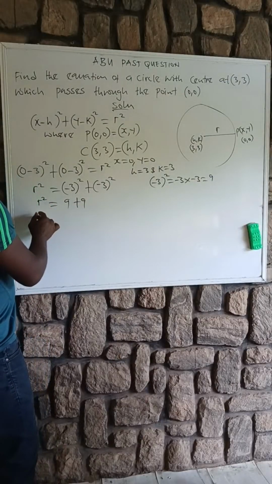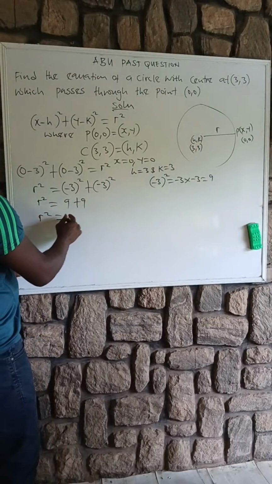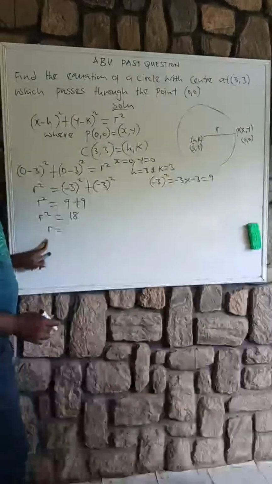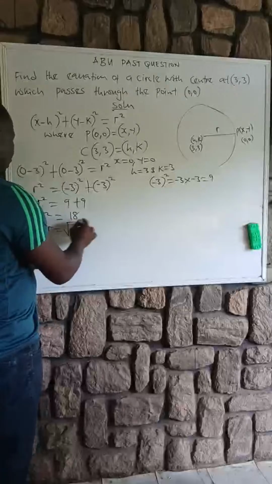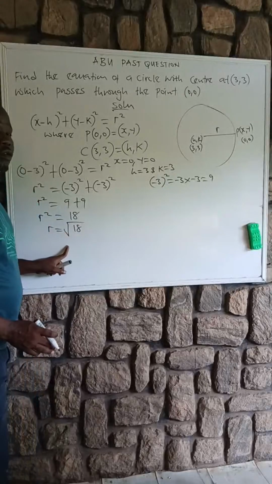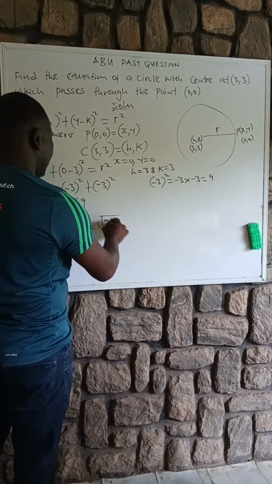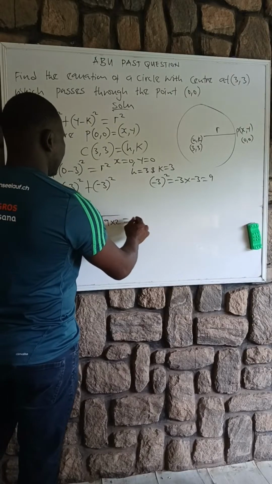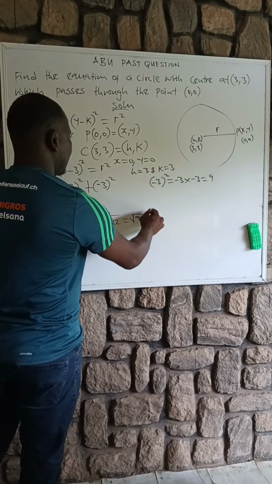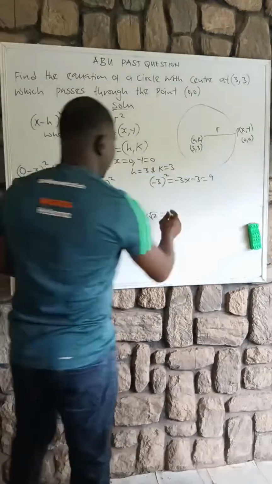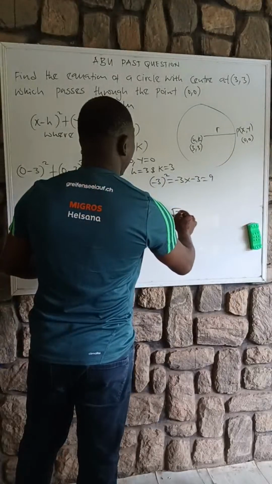So you can now see that our r squared is equal to 18. Taking the square root, the radius is square root of 18. This is the same thing as square root of 9 times 2, which is square root of 9 times square root of 2. So this is 3 root 2.